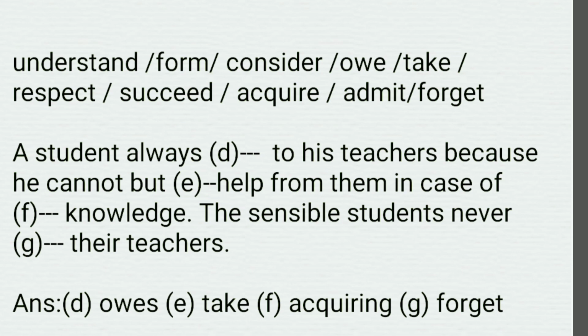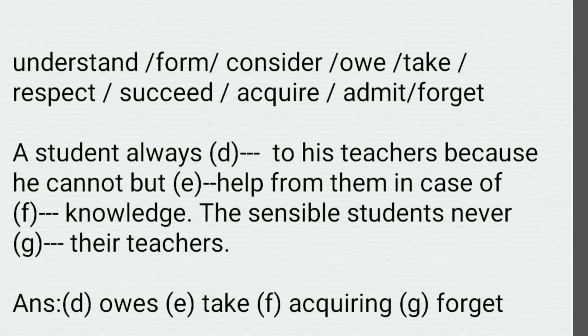Here we can see that the word cannot but, and after cannot but we have to use the base form of verb, and the answer will be take. He cannot but take help from them in case of dash knowledge.